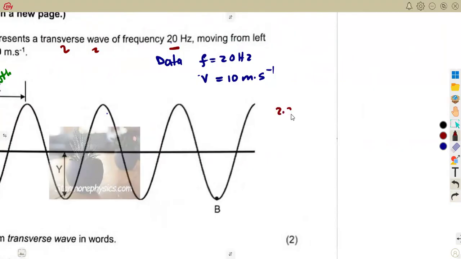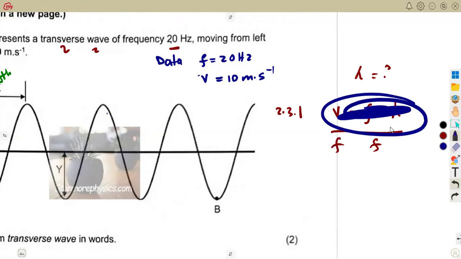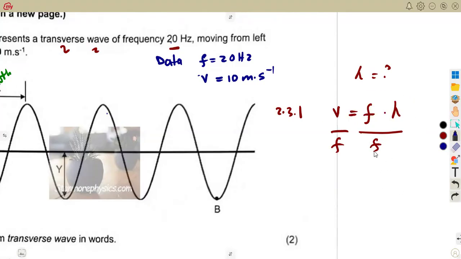You need to calculate the wavelength. We understand that the speed is equal to the frequency times the wavelength. Remember, this formula you are given in your information sheet. We can simply make this the subject by dividing by the frequency, so we can make the wavelength the subject.